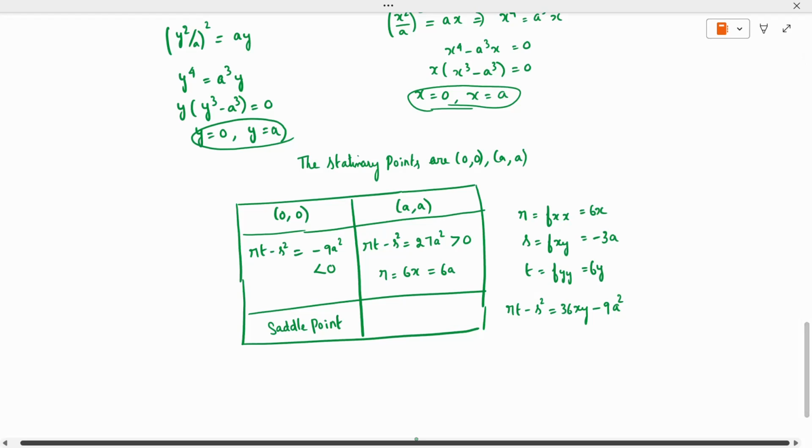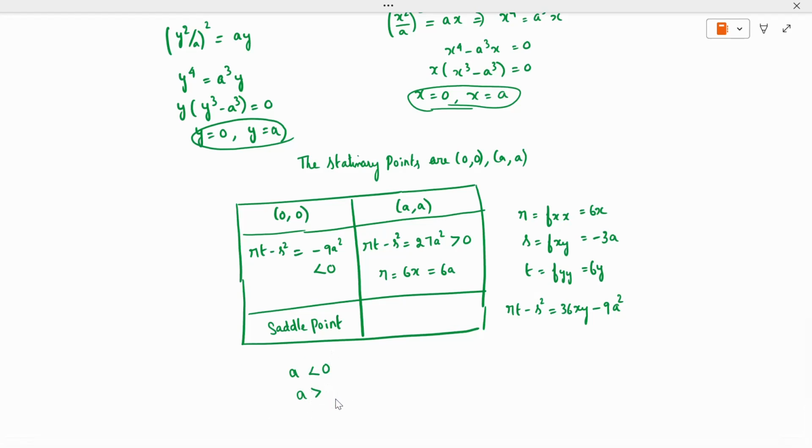Now only it will be a problem. You don't know whether a is less than 0 or greater than 0. So in this case, there are two cases: when a is less than 0 and when a is greater than 0. Both you have to write.